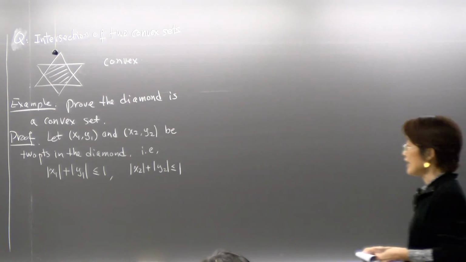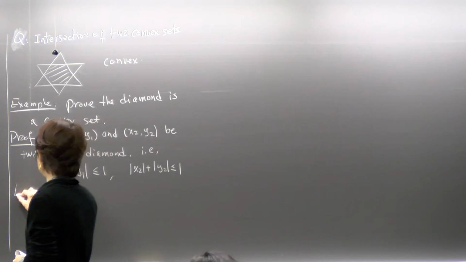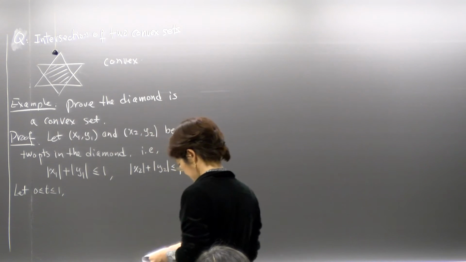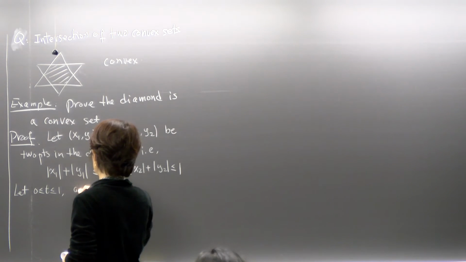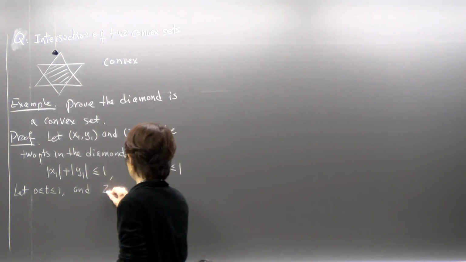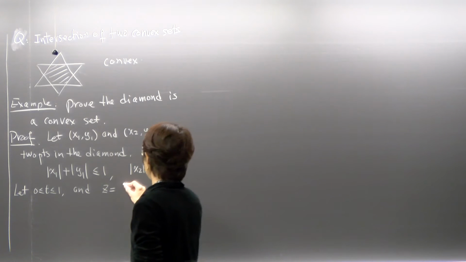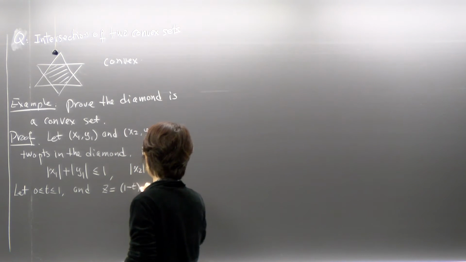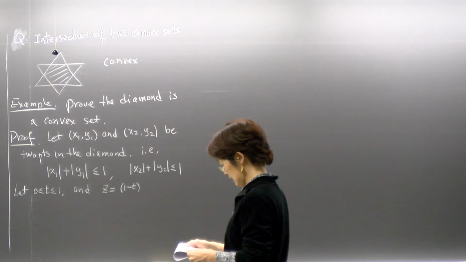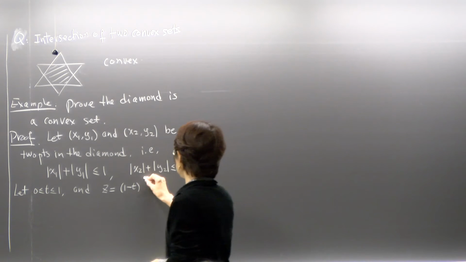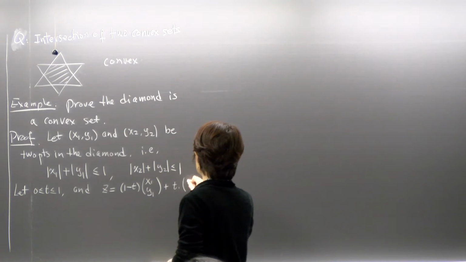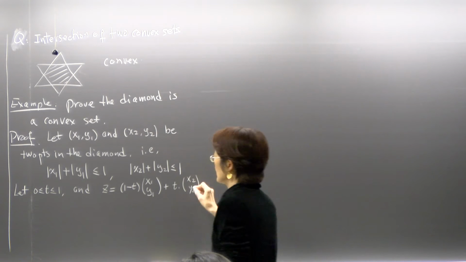Now I make a convex combination. Let's pick any t between 0 and 1, and let's call the combination z. z is 1 minus t times the point x1, y1, plus t times the point x2, y2.